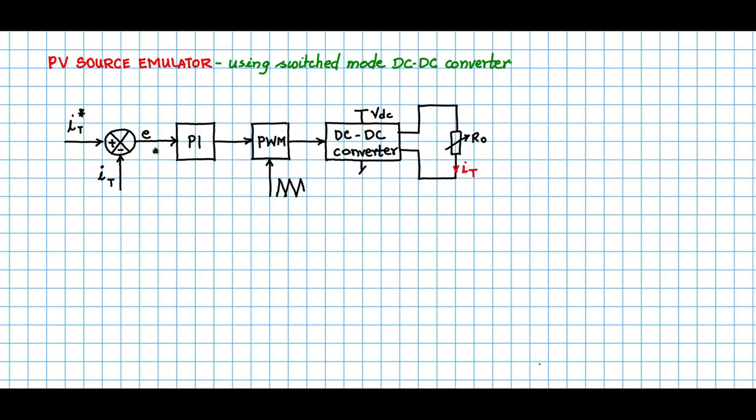IT, as indicated here, is what we are supposed to control. Which means that I need to sense IT and then feed that back and get it controlled.